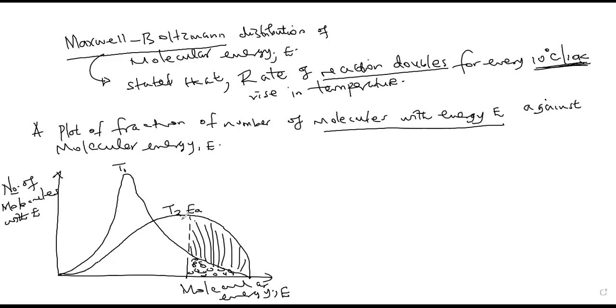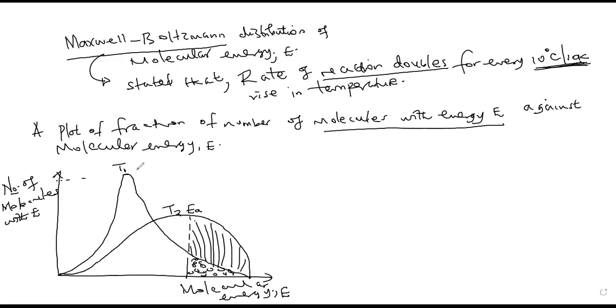The interpretation is that at lower temperature T1, a very large fraction of molecules have energy close to the average energy, with only a very small fraction having very high or very low energies.